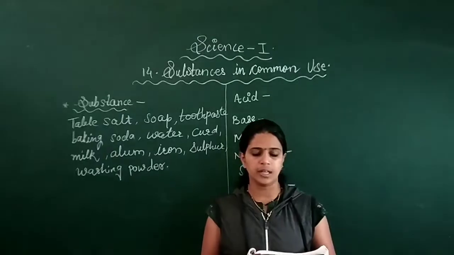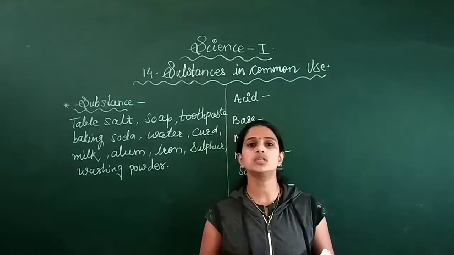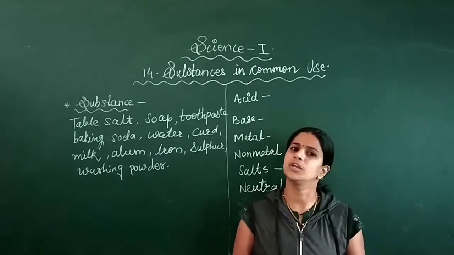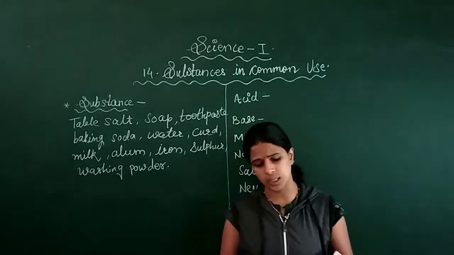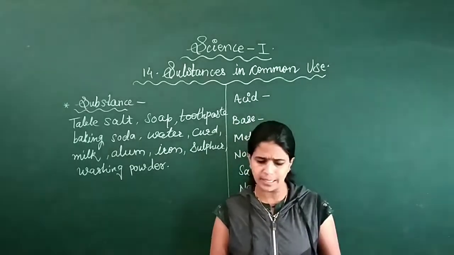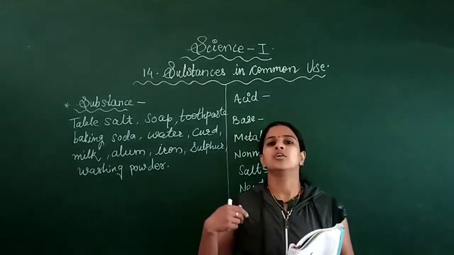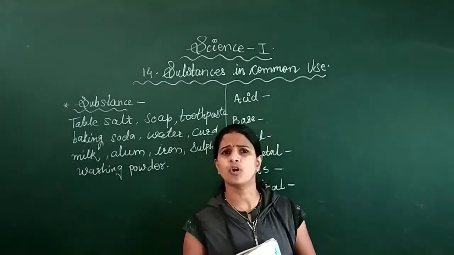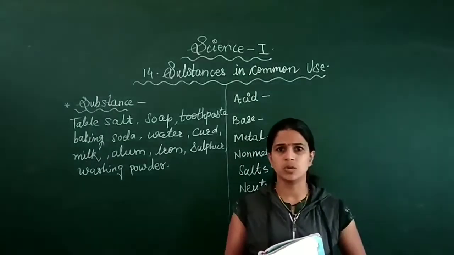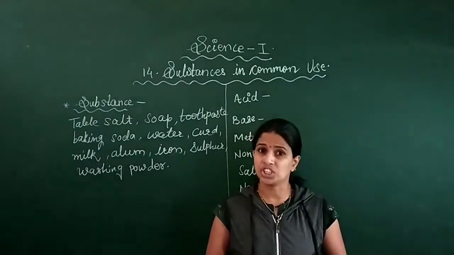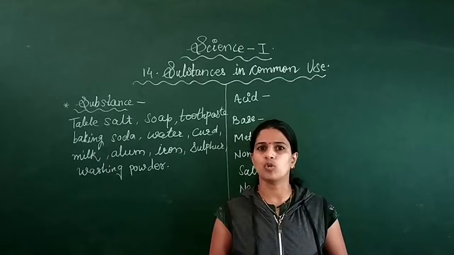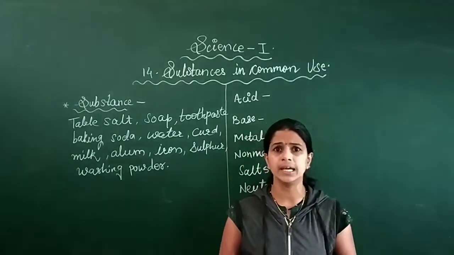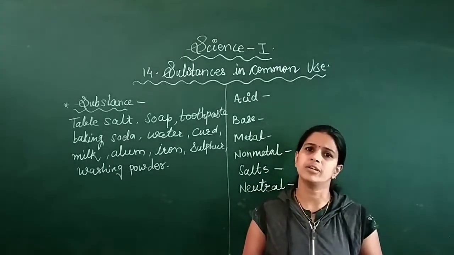What are the important substances that we use in our day-to-day life? Which substances are we using? We are using salt, sugar, metals, non-metals, and whatever foodstuffs. We use these daily for various purposes. We use washing soda and soap for washing our clothes, and sugar and salt for eating.